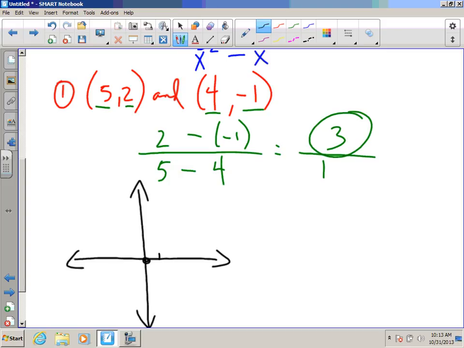Let's graph it. Let's find out. So 5, 2, and 4, negative 1.